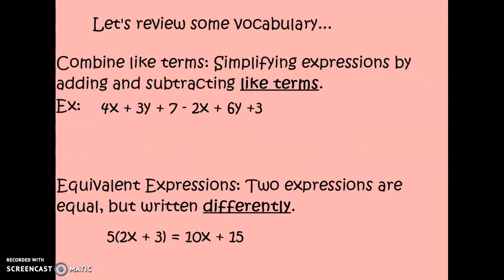All right, some quick vocabulary to review. Okay, combining like terms. We simplify expressions by adding and subtracting our like terms. So here's our example. Remember I told you first thing, always change to adding the opposite if you have subtracting. And then circle, square, triangle your like terms.